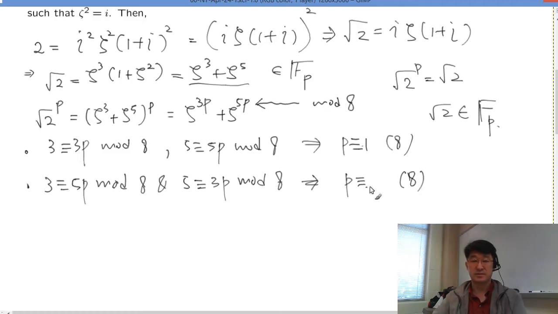What is it? No, 3. If you put 1 in there, 3 is not congruent to 5 mod 8. If it is 1, 3 is congruent to 5 mod 8. That's not true.